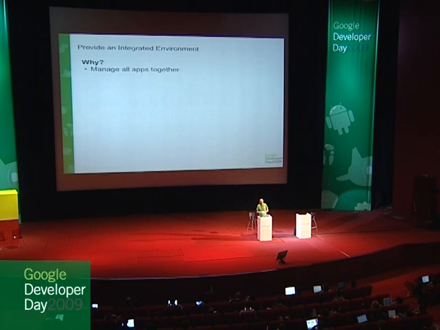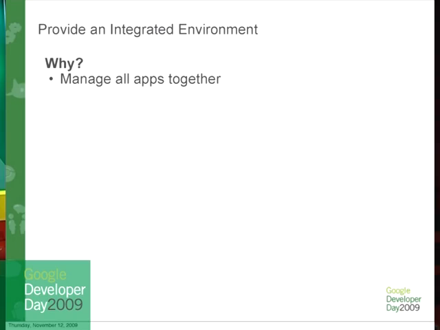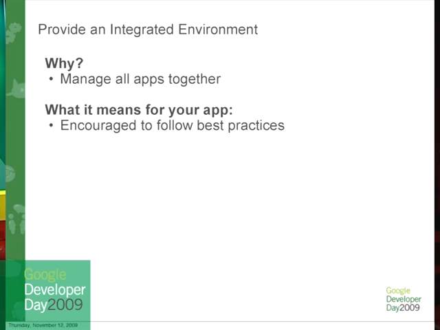So let's go over the design motivations again and see how that works out. We said we wanted to provide an integrated environment because we want to be able to manage all the applications together. And what does that mean for you when you write an application? Well, it means that you're encouraged to follow best practices, but it also means there's some restrictions.